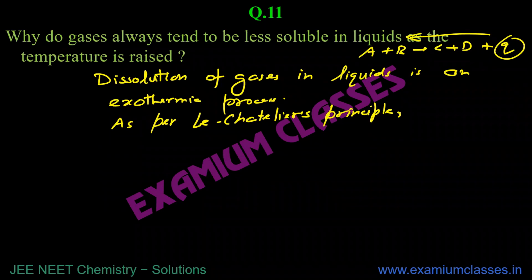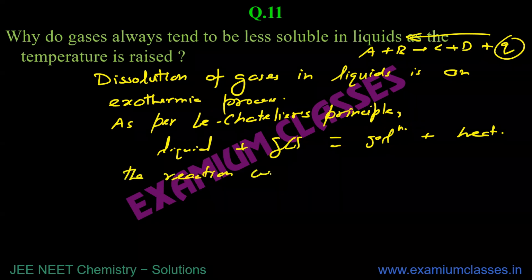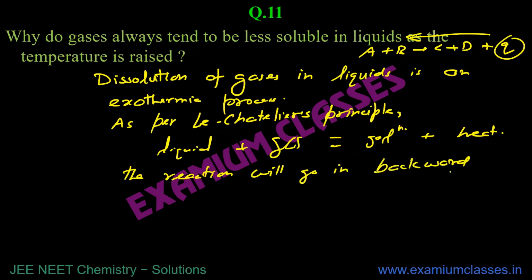You can write it if you want: liquid plus gas equals solution plus heat. If you increase this heat, the reaction will go in the backward direction. So as per Le Chatelier's principle, the reaction will go in the backward direction on increasing the temperature.